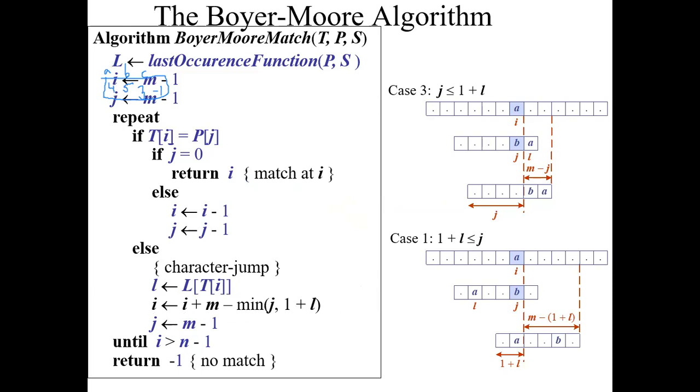Now put in the values over here. I is I plus m minus min of j comma I plus L. जहां पर L की वैल्यू 4 है, J की वैल्यू 0 है, m की value is 6 and I value is 0. So what is the new value of I?